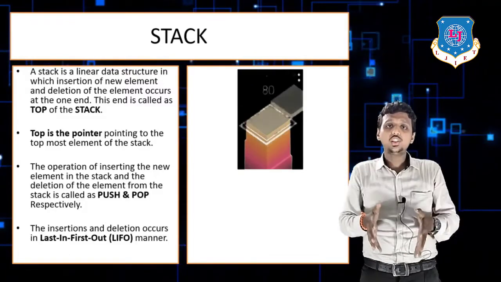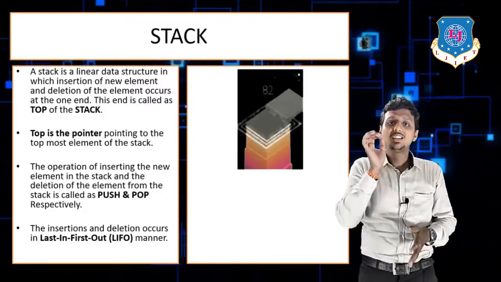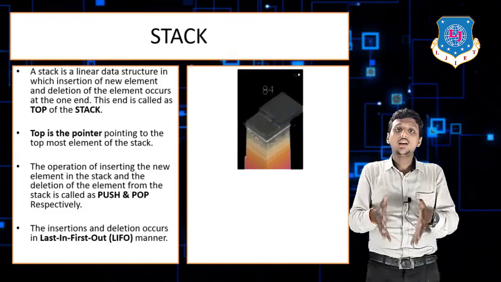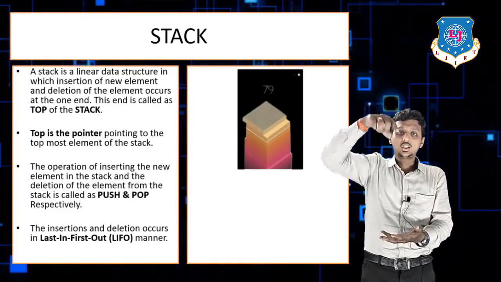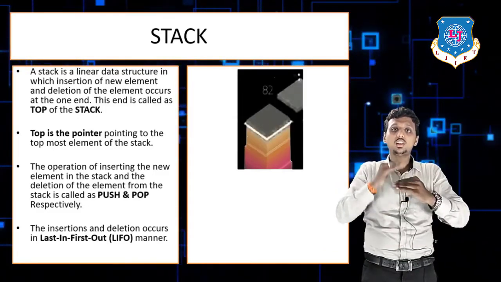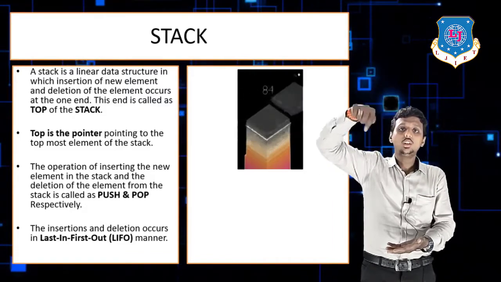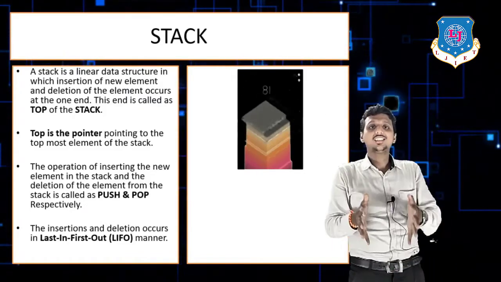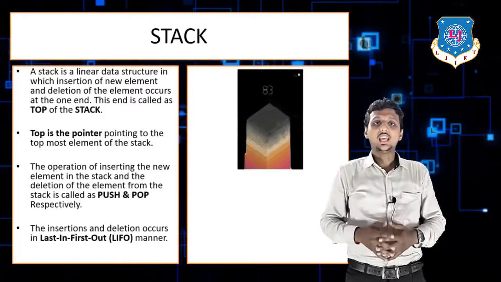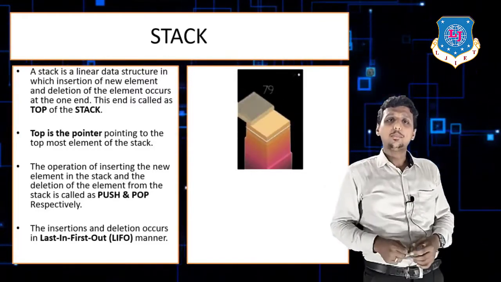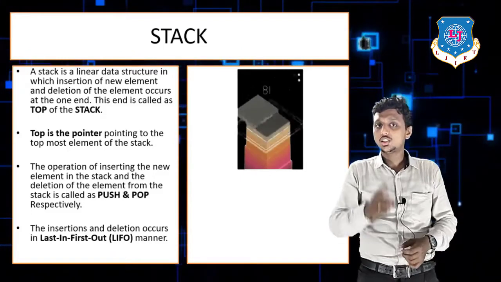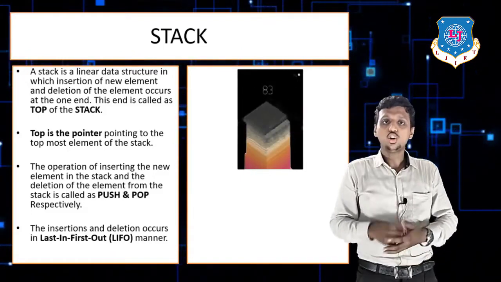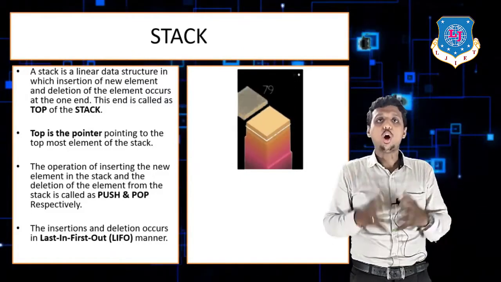Such an arrangement of data is known as a stack because you have only one end to insert or remove something. Students, the insertion operation in a stack is known as the push operation and the deletion operation in a stack is known as the pop operation.